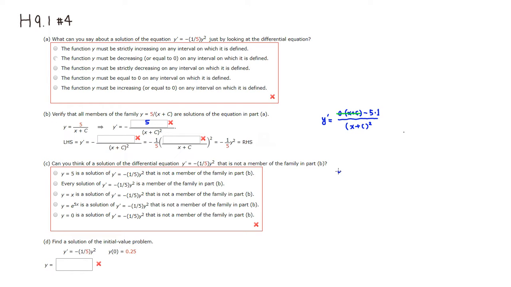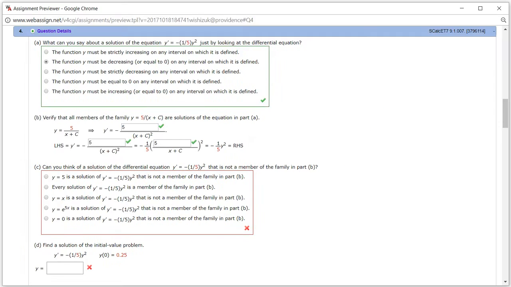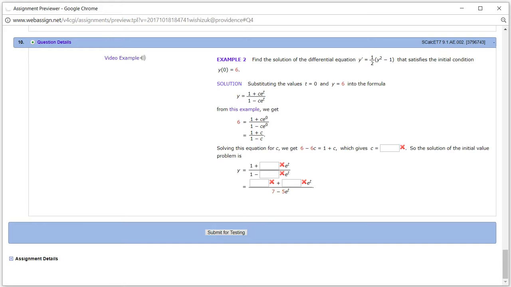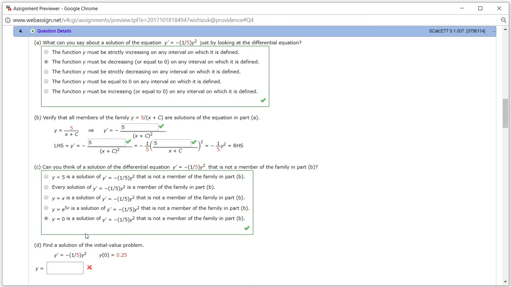So y prime, which is equal to negative 1 over 5 y squared, equal to 0, right? Which gives you simply y equals 0. So y equals 0 is a constant solution. So you can see that the last one is the correct choice. So pick that, and let's check the answer. All right, submit for testing. It came back and looks like we got part C correctly.